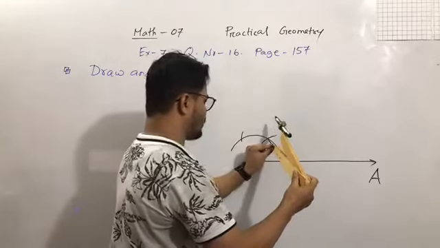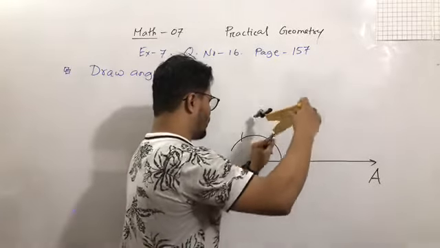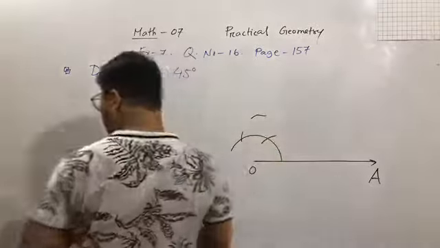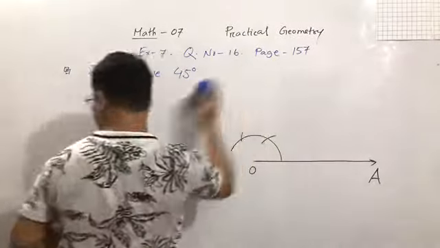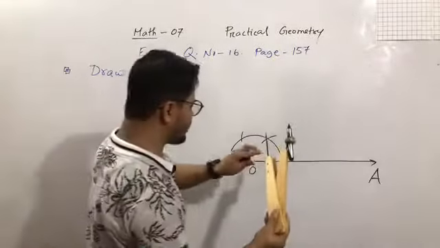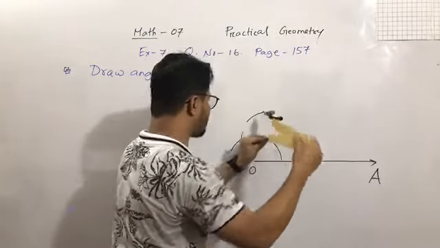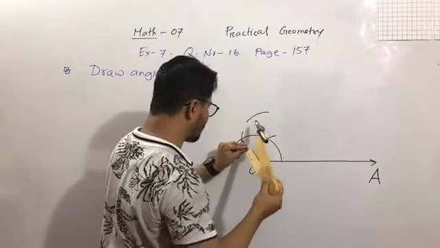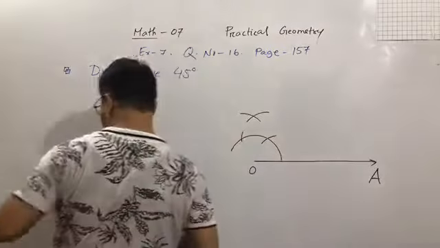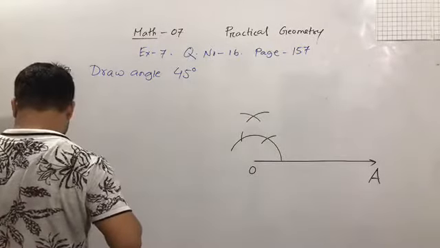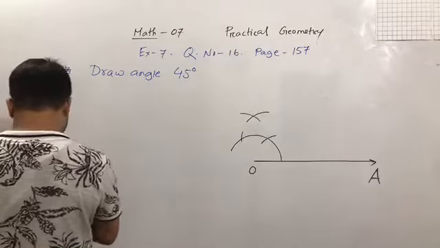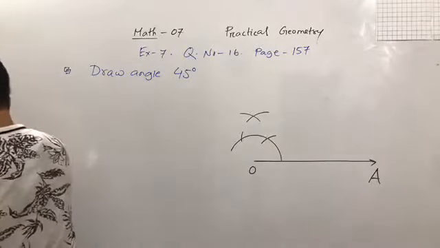And taking the same radius, placing the pointer here, draw the first arc, and placing pointer here, draw another arc. Already 90 degree angle, 90 degree angle done.